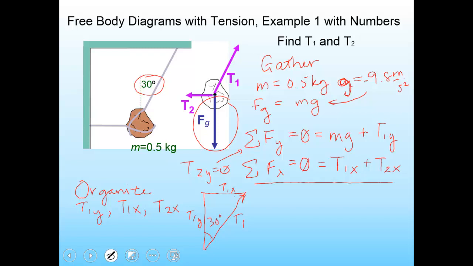And now we can figure out T1y is going to be equal to T1 times, we have to think if it's the sine or the cosine. Sine is "soh", opposite over hypotenuse, so it's not going to be sine, it's going to be cosine. That's cosine of 30 degrees. We can do T1x, which is equal to T1 sine of 30 degrees.